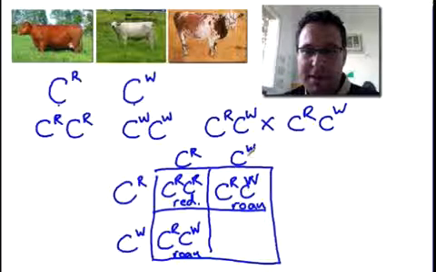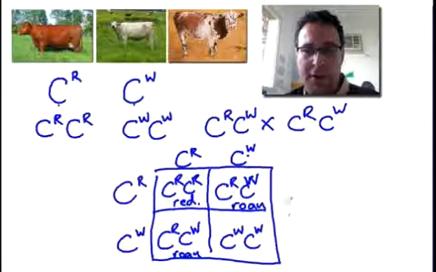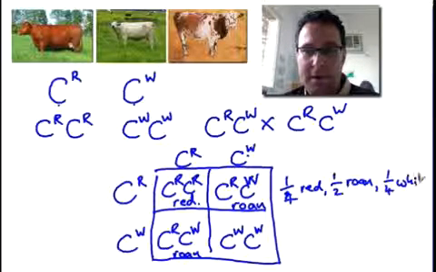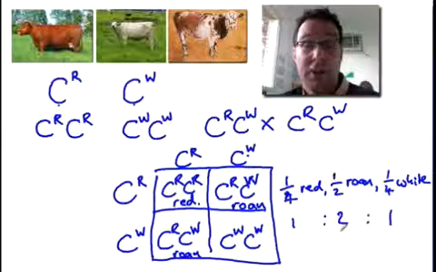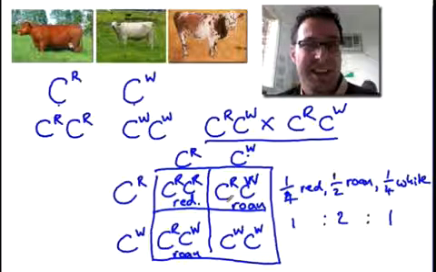And if this sperm fertilizes this egg, then we would have, I hope you can see, a white offspring. So in terms of the outcome here, 1/4 of the offspring would be red, 1/2 roan, and 1/4 white. Or we could say there's a 1 to 2 to 1 ratio. And that's actually quite a useful ratio to remember, a 1 to 2 to 1 ratio, if you're crossing two heterozygotes for a gene which is codominant.